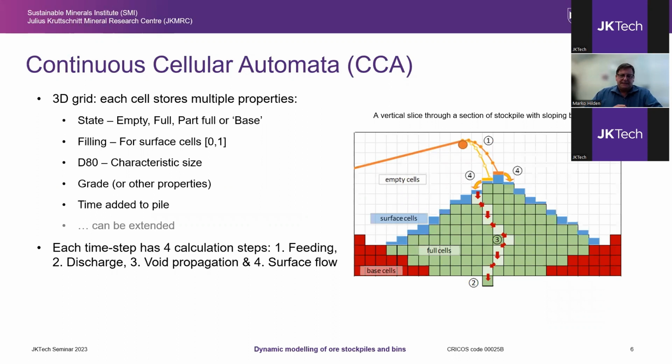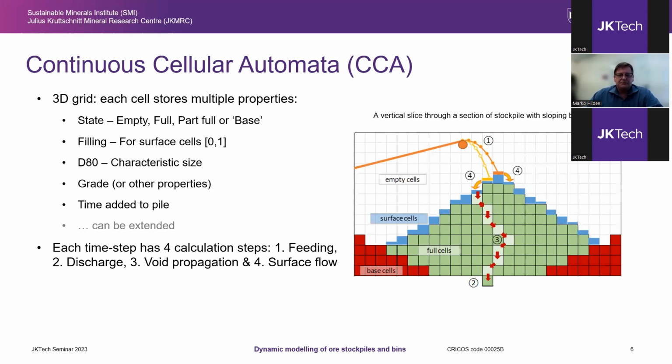In our implementation, we use an extension of CAs called continuous cellular automata. We set up a 3D grid, and in each grid cell, we store multiple properties. This includes an integer state describing the cell type. At the bottom, in red, you can see static or base cells, and these are blocks that ore cannot flow into.